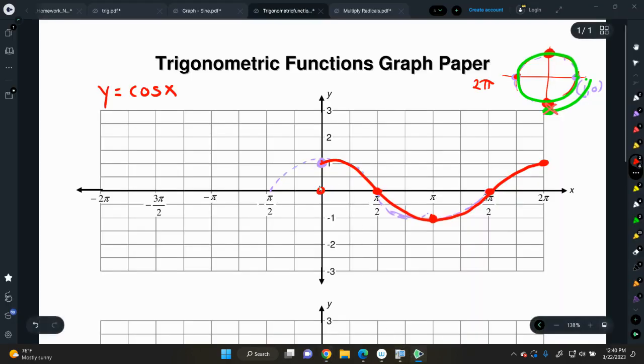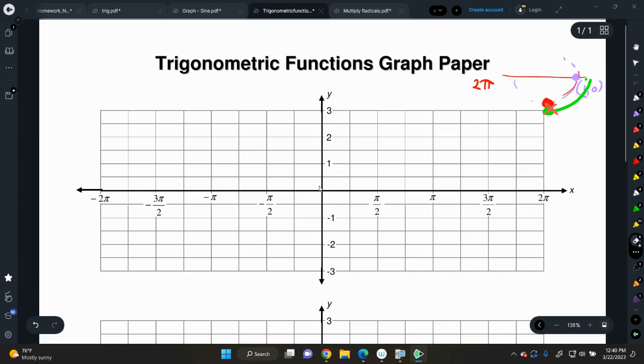On your whiteboard, you are sketching y equals 3 cosine x. I find cosines to be harder to do. Yes? If it starts at 1, would I add 3, so 4? I don't know. What do you think? Good question.